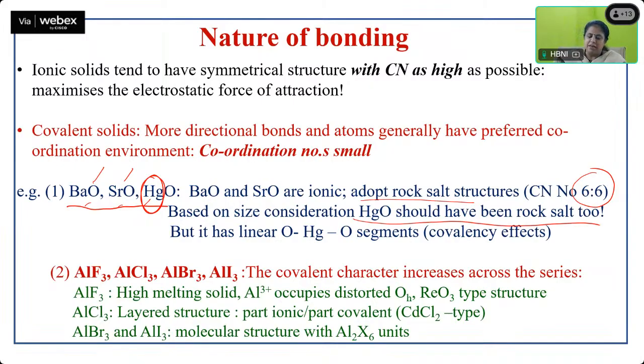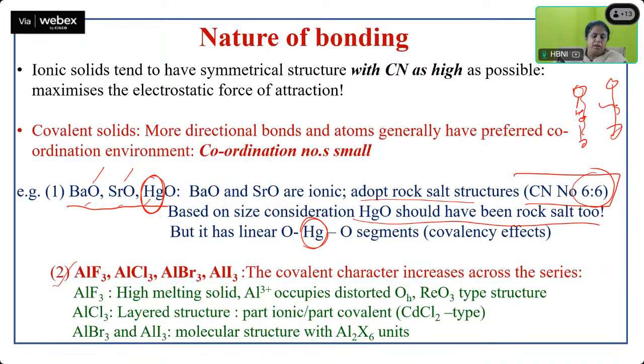But this particular atom tends to form more covalent bonds. So the ultimate crystal structure of mercuric oxide has a linear arrangement of O-Hg-O. So the coordination number is much smaller than what is possible in the rock salt structure.